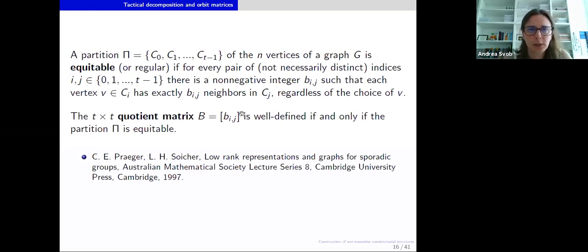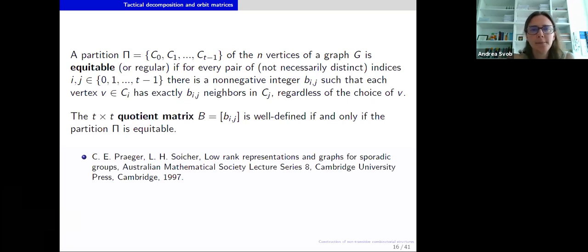A partition C1 up to Ct minus 1, which is a partition of the vertices of a graph G, is equitable, or regular, if for every pair of indices i, j, there is a non-negative integer bij such that each vertex from a partition Ci has exactly bij neighbors in Cj, regardless of the choice of the vertex v.